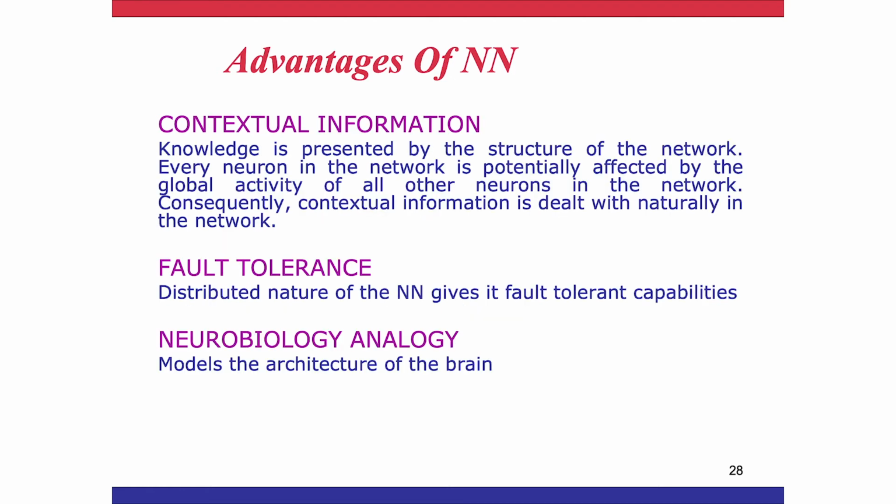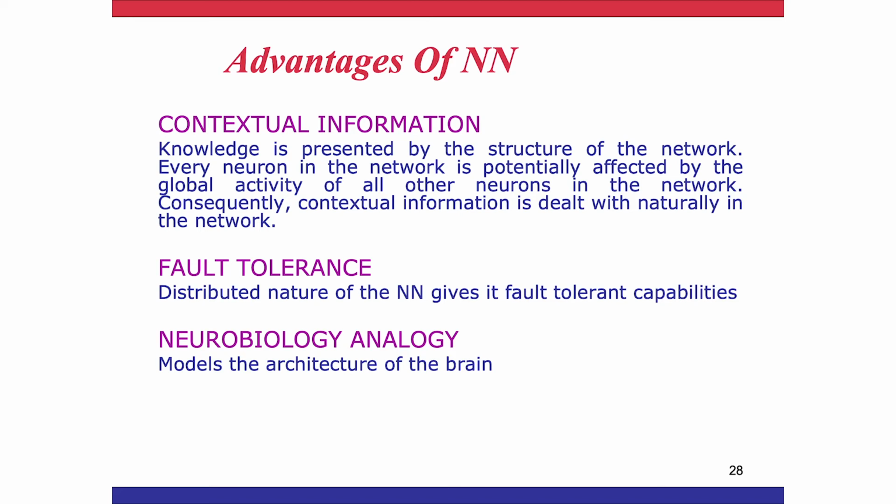Obviously, we can have a lot of activities in the network, and we can establish a lot of relationships using this neural network, and that's why contextual information can be well understood based on the neural network model, because contextual information means we need to have a lot of interactions or a lot of convergence between the different parameters of the information, which can be well handled by neural network.